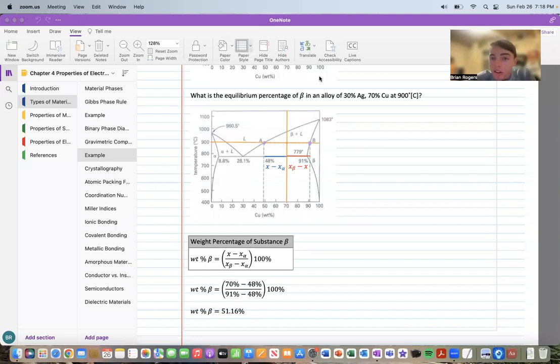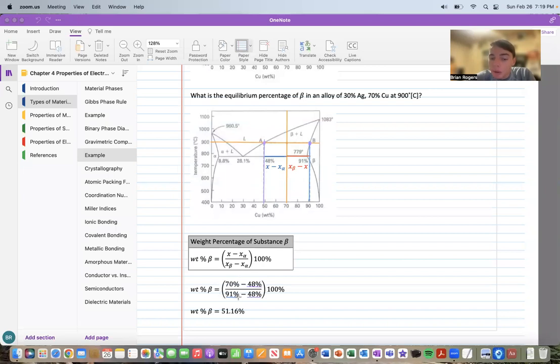If we bring this down, you're going to see that just bringing it down, the composition is about 48%. And so that's going to be the composition we're going to use for our alpha substance here. So our alpha is going to be 48% in this equation. And then what about our beta? Well, if you attach a line basically from that 900-degree line, intercepting it with the composition, how much should we have composition of beta?